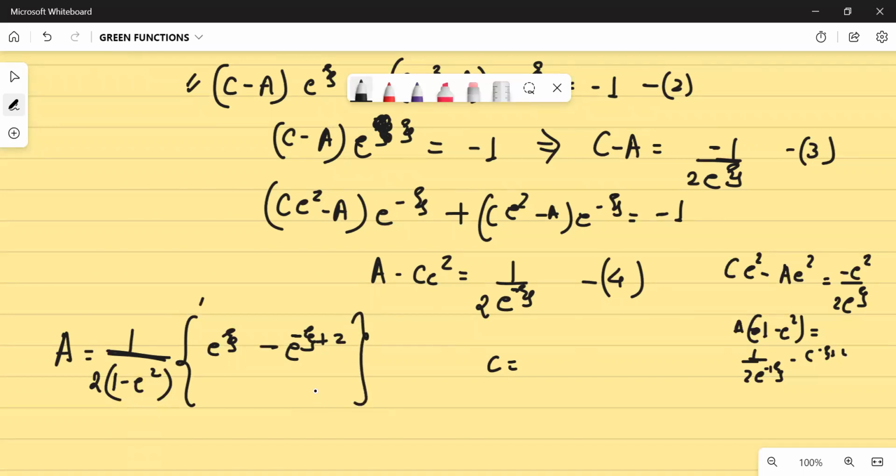Is that clear? So you have this 1 upon 2, 1 minus e square, e to the power zeta minus e to the power minus zeta plus 2. And what would be your c? C would be equal to, sorry, I'll write it as e to the power zeta upon 2 minus and then plus e and then 1 upon e square.